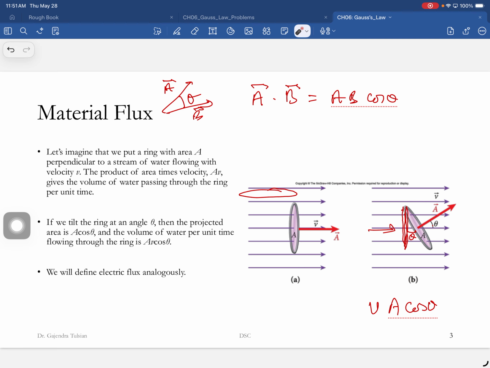What Mr. Gauss realized was that the flux through an enclosed surface is related to the charge inside the surface. It's the charge inside the surface divided by epsilon naught. Epsilon naught is the permittivity of free space, and that's equal to that.